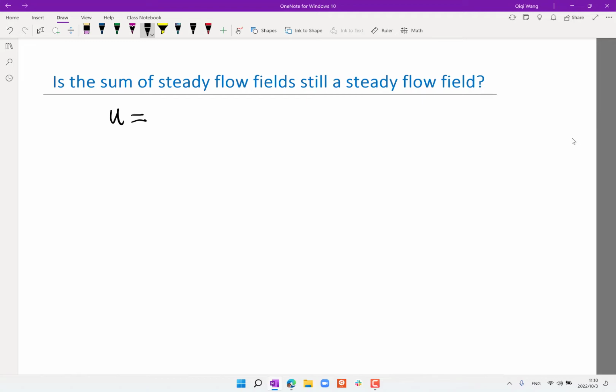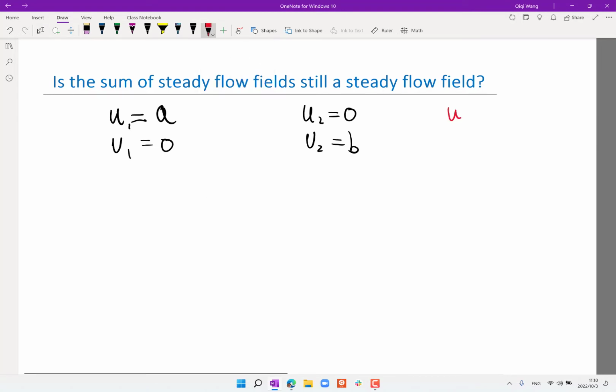If I have one flow field, U1 is equal to, let's say, A, okay? Let's say V1 is equal to 0. That's a flow purely in the x direction. And you have a U2, another flow field that's purely in the y direction. Then the sum of these 2 flow fields would be U equal to A, V equal to B, right?